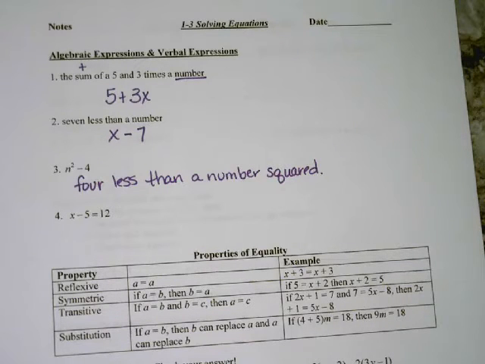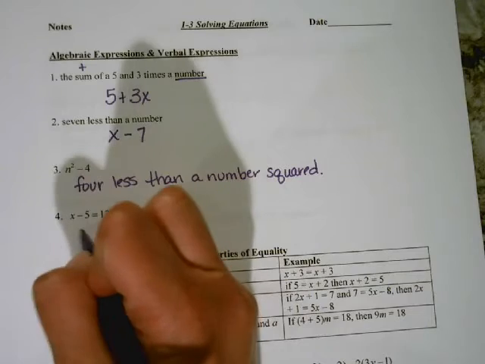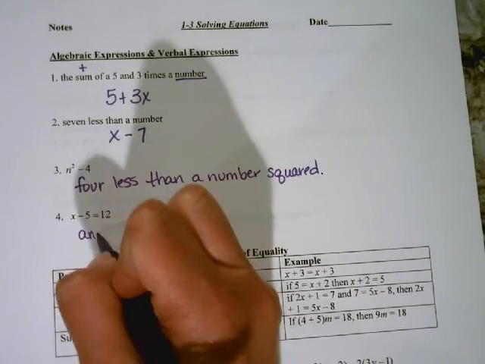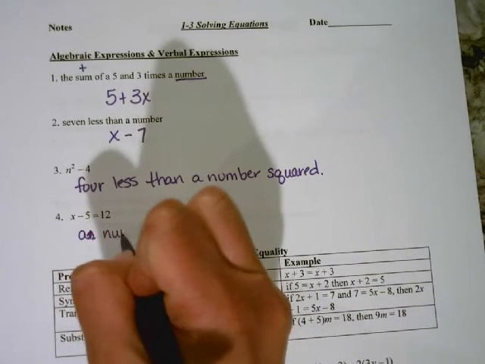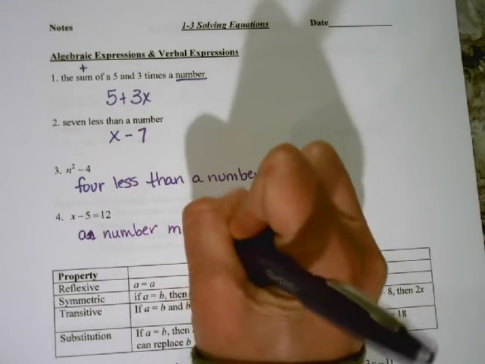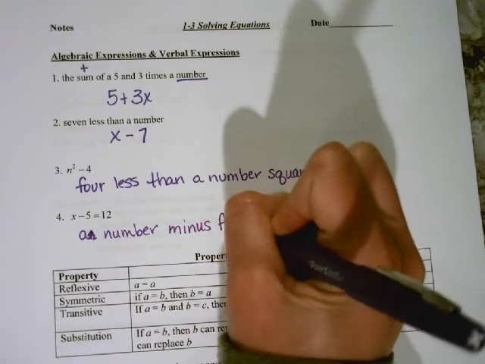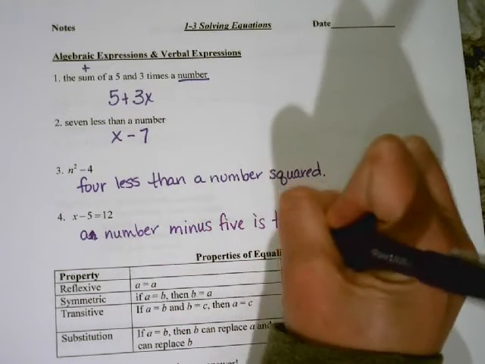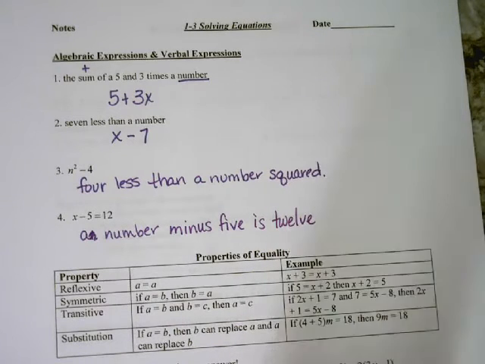A number times itself minus 4, that sort of thing. Number 4, a number minus 5 is 12, equals 12. Any of those are okay? Or 5 less than a number equals 12.